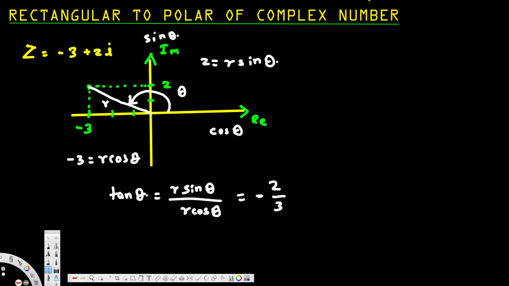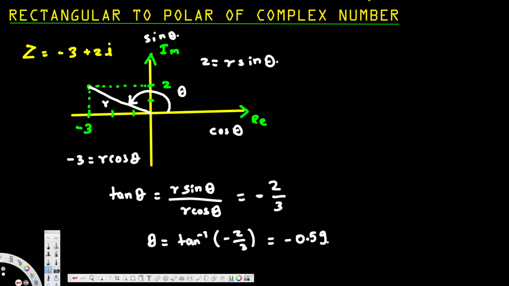So from this we can find this theta angle. Theta is going to be equivalent to tan inverse of -2/3, and if you calculate this, that's going to give you -0.59. But the tan inverse for this one is not going to give you this angle. So here I cannot say this is equal to theta.